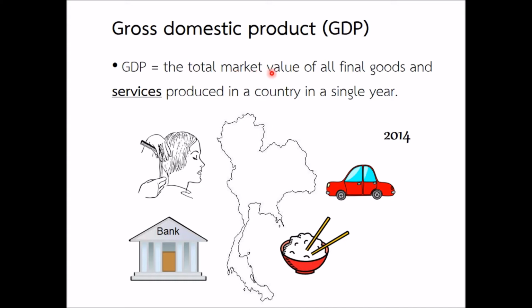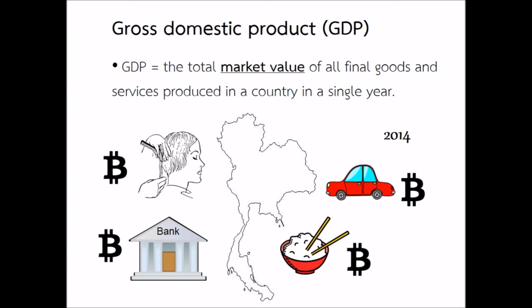Now, what is total market value? Total market value, as the name suggests, is about money. So we want to know the monetary value of all of these different services and goods that are produced in a country.